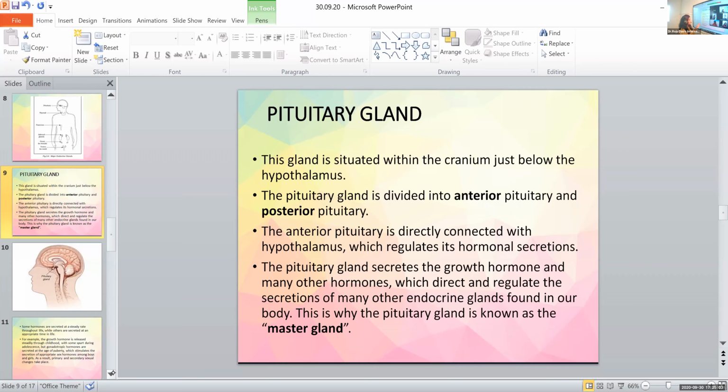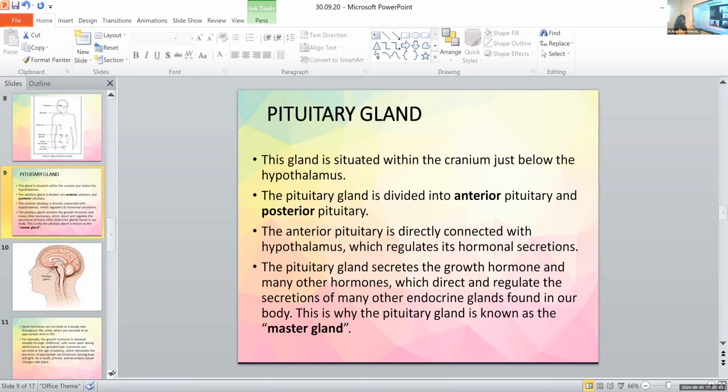That is why the pituitary gland is known as the master gland: it has its own hormones like the growth hormone, and along with that, it produces several other hormones which signal the other endocrine glands to produce their own. So this is the headmaster and the others are the teachers in a school. Consider it like that. The pituitary gland gives the main orders for them to secrete.